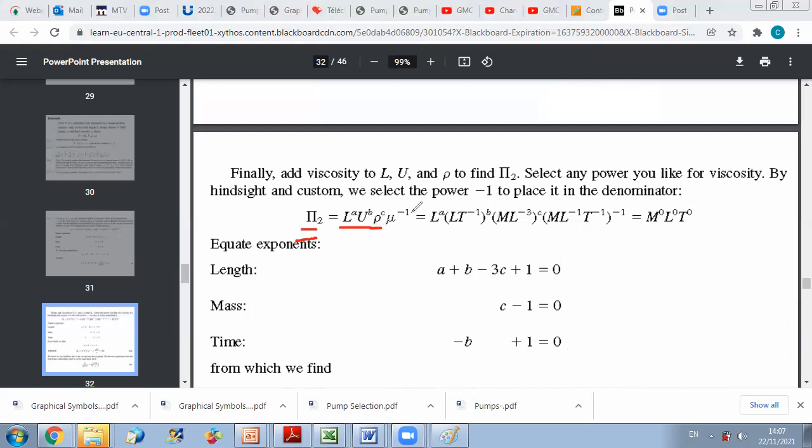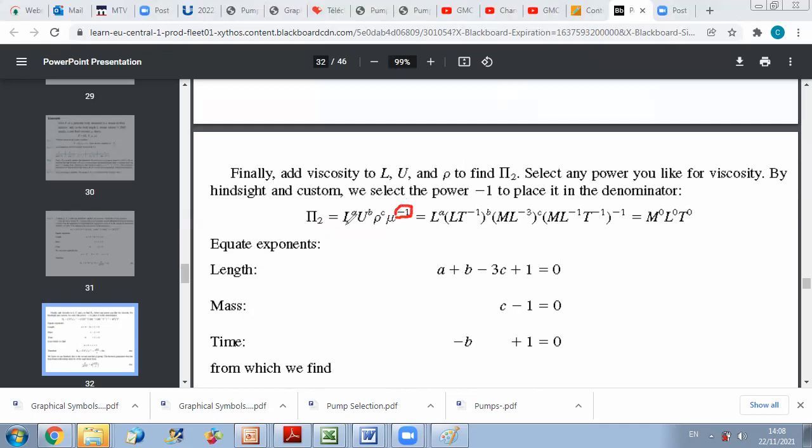Here they put mu to the power minus 1 because they predicted to get Reynolds, but you are not obliged to; you can keep it mu, or put 1, or minus 1, whatever you want. So you can select any power you like for your variable, it does not have to be 1. If you put it minus 1, mu comes in the denominator. Here they wish to place mu in the denominator, that is why they put minus 1.